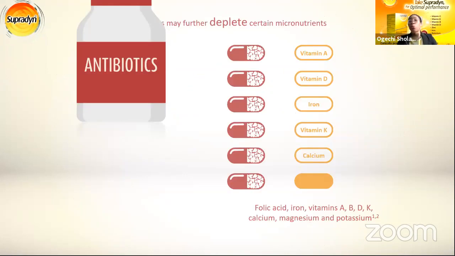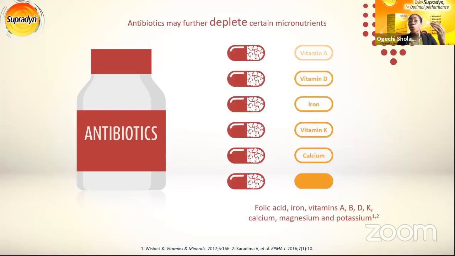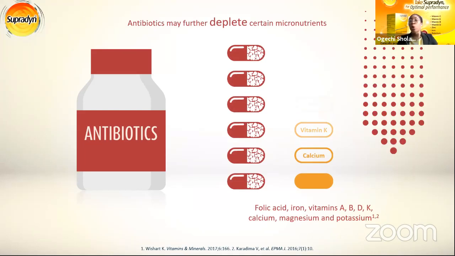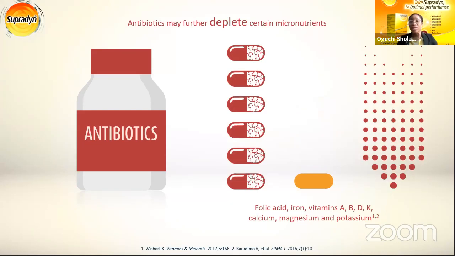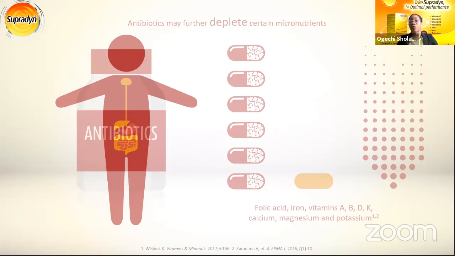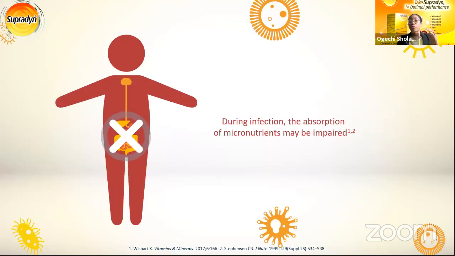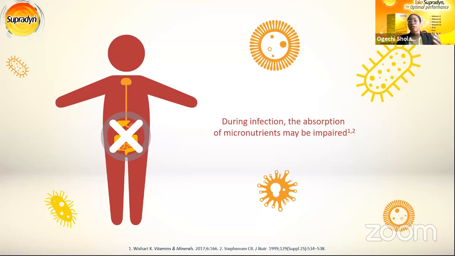Another thing that affects people who are ill is that antibiotics also lead to further depletion of certain micronutrients. Aside from that, during infection, absorption of micronutrients may also be impaired. So we cannot overstate the importance of patients or consumers taking in micronutrients even before they fall ill.